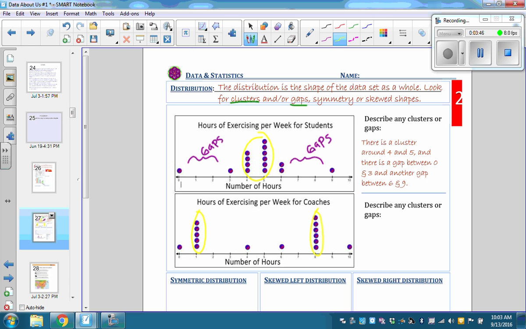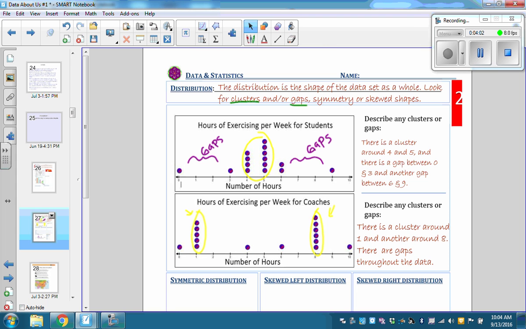There's 15 dots, so that represents 15 coaches. Coaches tend to either exercise a lot, maybe 8 hours, or not so much at all. But mostly what we see is lots of gaps. There's a cluster around 1, another around 8, and there are gaps throughout the data.